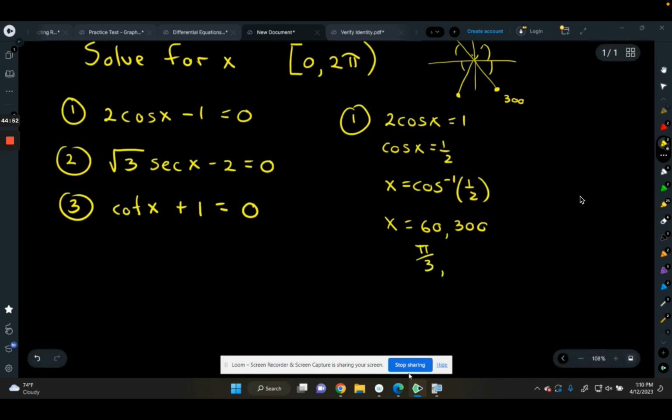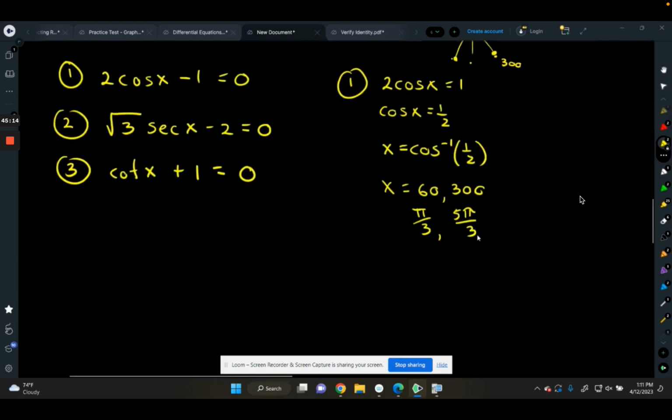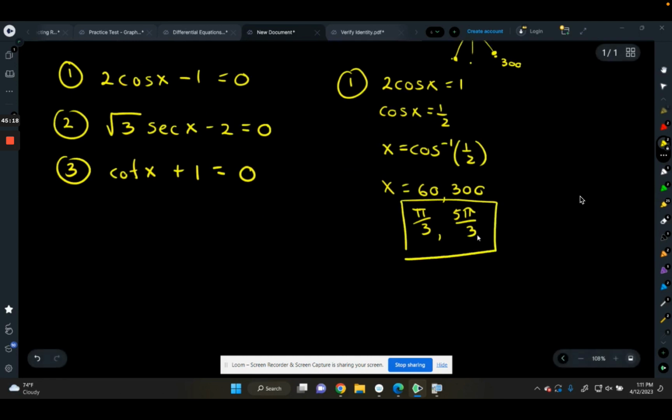And 300 degrees is, what is that, 5 pi over 3? You got me questioning myself. Let me double check. Pi over 6, 2 pi, 3 pi, 4 pi, 5 pi over 6, 6 pi, 7 pi, 8 pi, 9 pi over 6, 10 pi over 6, which is 5 pi over 3. All right, there's our answer. Okay?